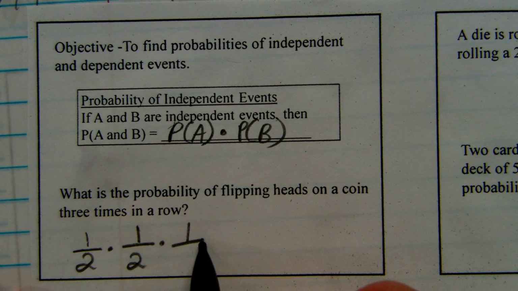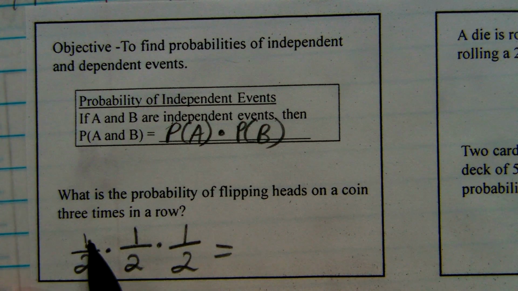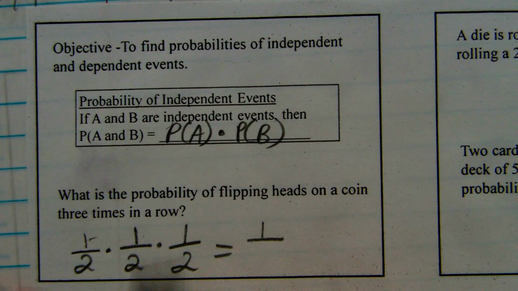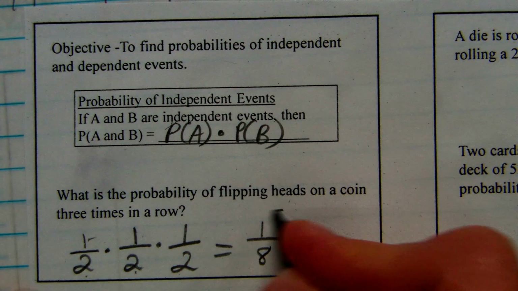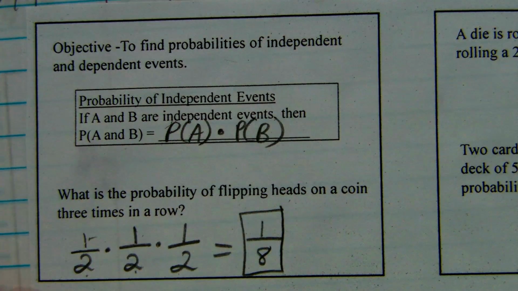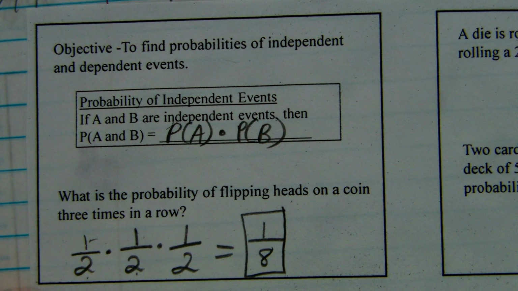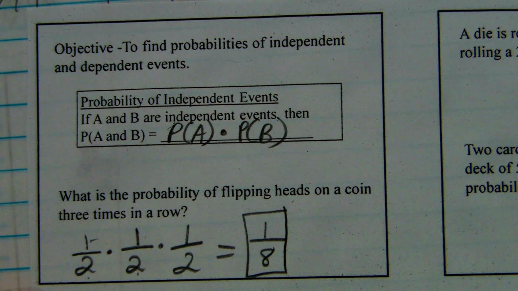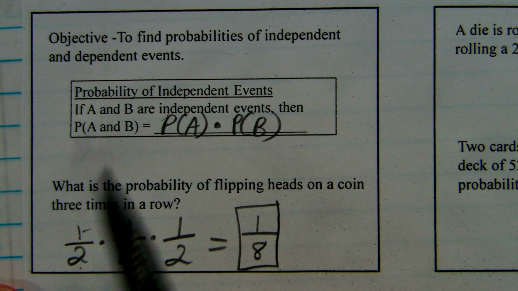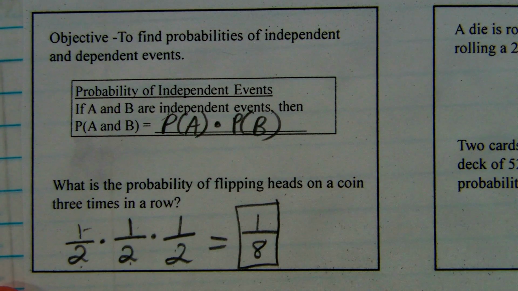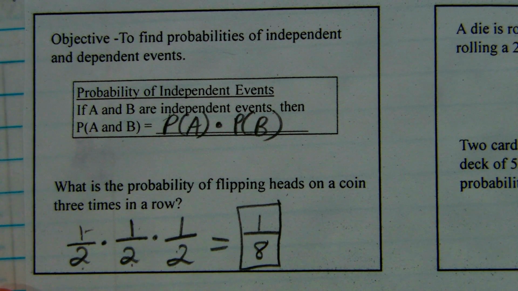And the third time it's still 1/2. So you have 1 times 1 times 1 is 1. 2 times 2 is 4 times 2 is 8. You could also figure this out by drawing a really elaborate tree diagram, which I think some of you have told me you did in middle school. But this is just a fast way to do it. It's just the probability of each one and multiplying them together.